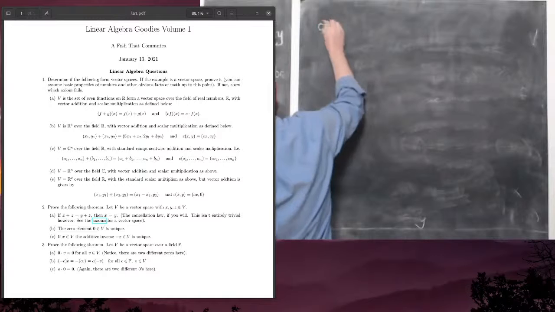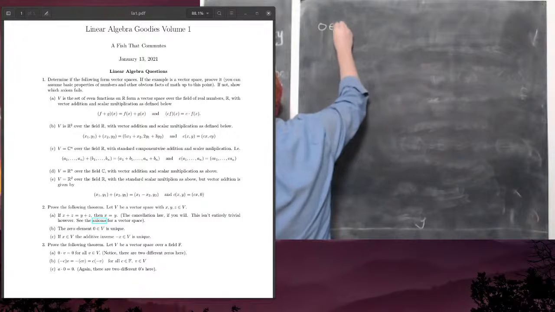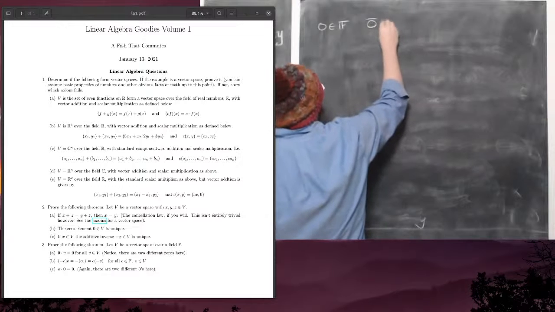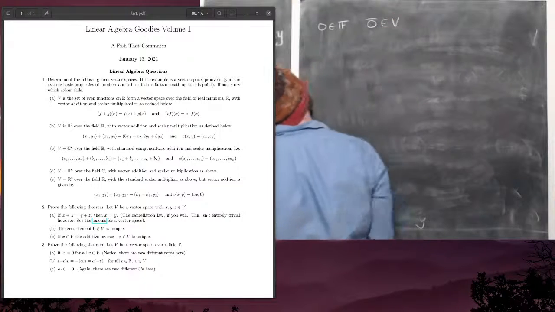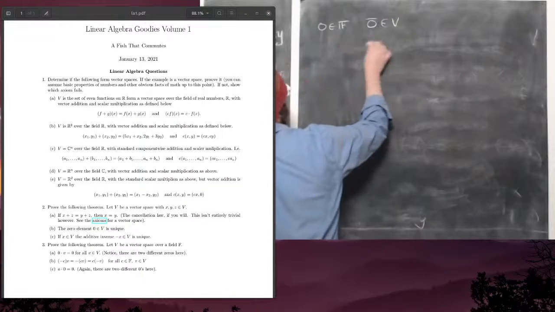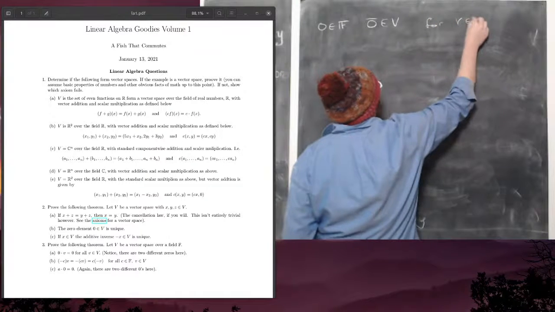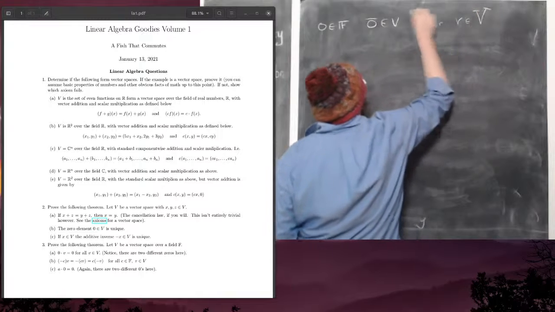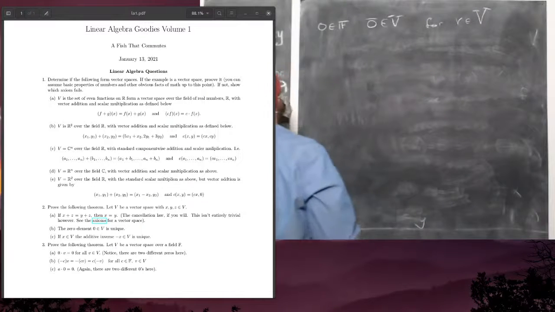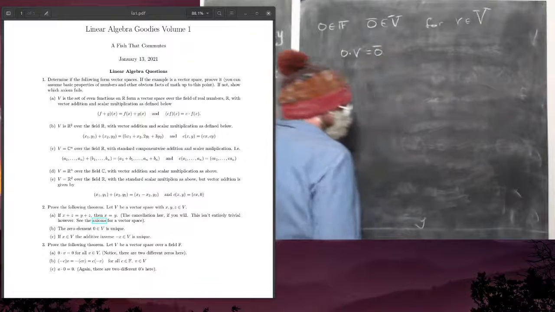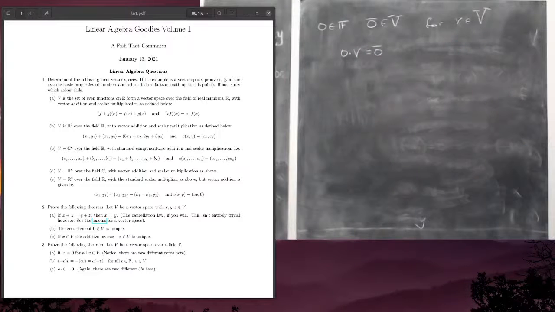Here 0 is the field element, and we'll do this bar, that's our 0 vector. We want to show that for little v in our big vector space, 0 times v equals the 0 vector, which is exactly what it should be.